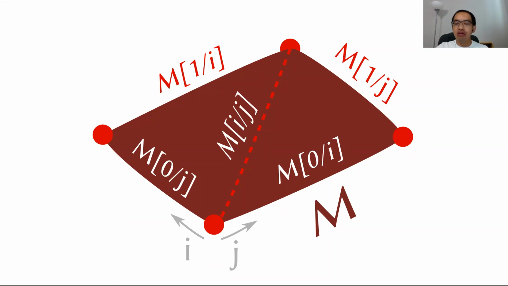The other side will be m with 1 for j, which is getting the one end in the j direction. In Cubical Agda, you have probably seen the 4 sides of this square, which are 1 for I, 1 for j, 0 for j, and 0 for I.